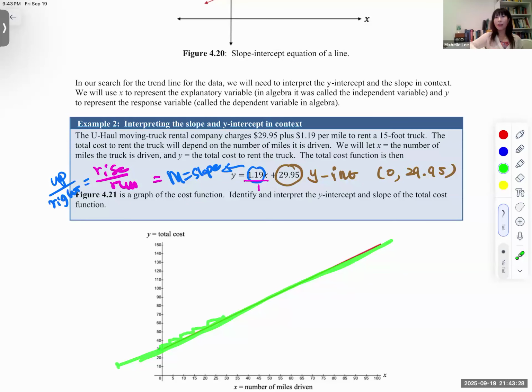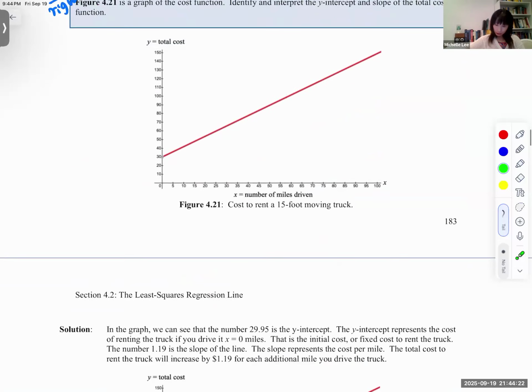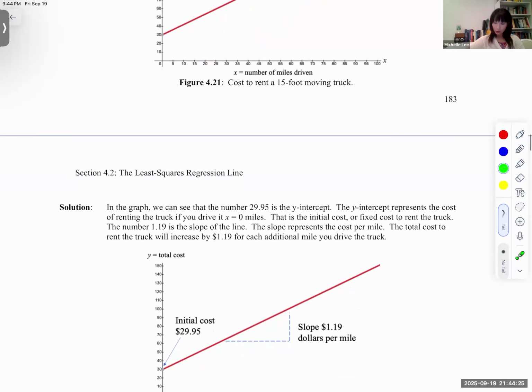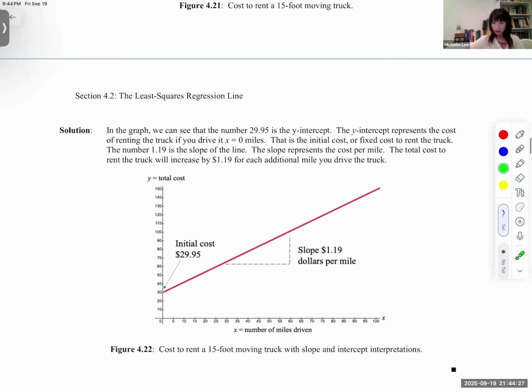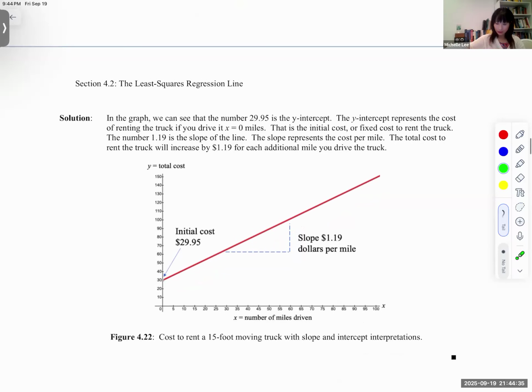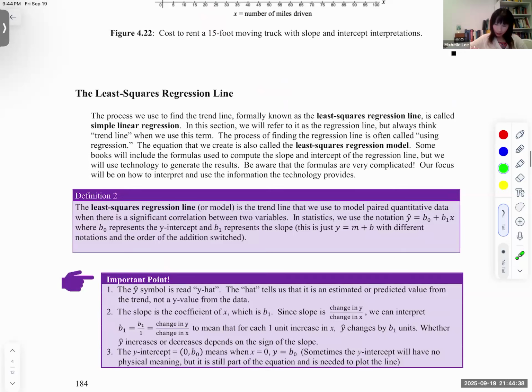Okay, very good. Then let's go back to the least squares regression line, which is the fitted line or trend line. We have the formula for that. It's an equation, like y equals mx plus b form. If we have that equation, we can draw the straight line, same as here.